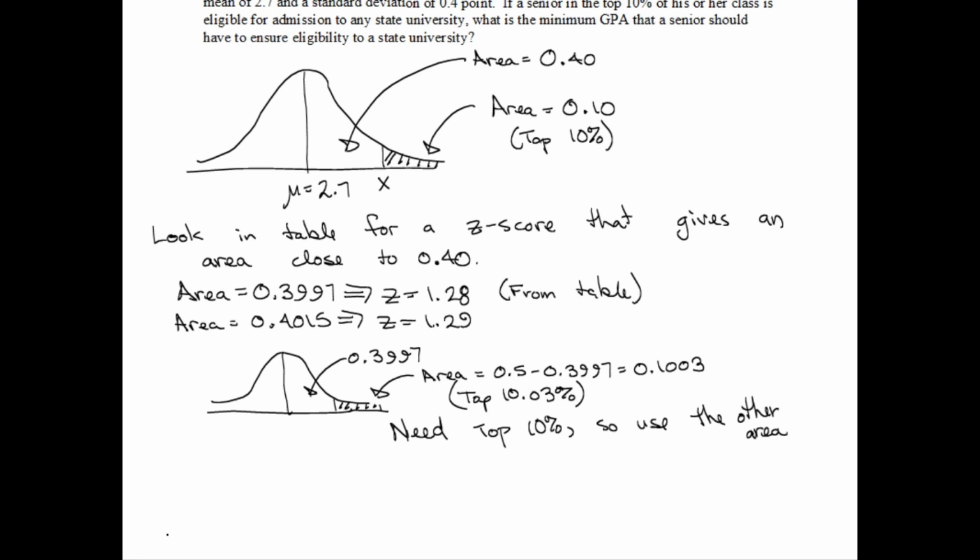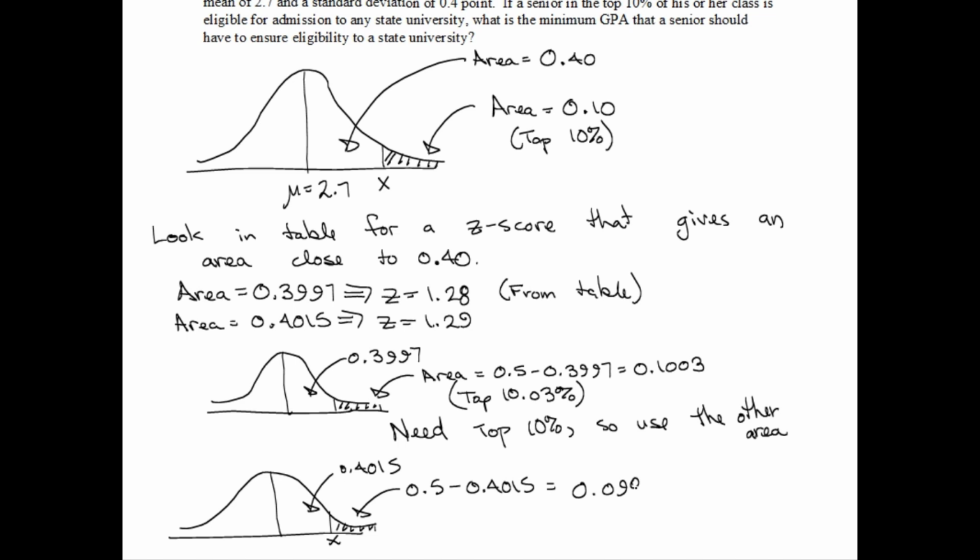See, with the other one, if this area is 0.4015, then this little area, this shaded area, would be 0.5 minus 0.4015, which would be 0.0985.